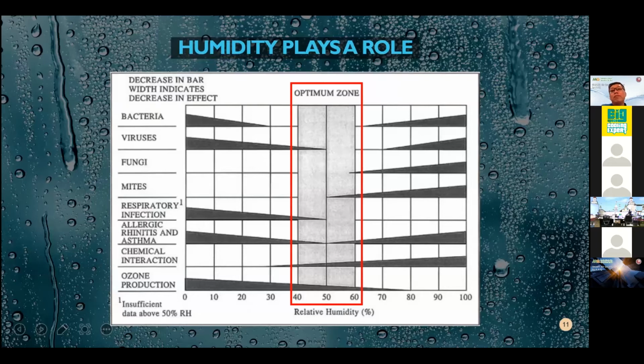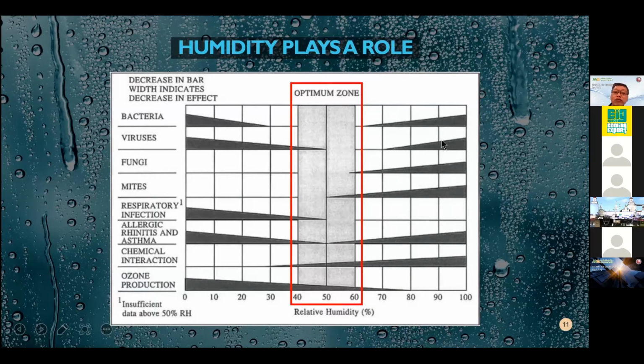Humidity plays an important role. Why does DOSH recommend a temperature of 23 to 26 and humidity of 40 to 70? Of course, our ACMV designed by our engineers and consultants normally has an optimum zone of 40 to 60% RH. Anything above that, you may have bacterial or microbial growth like fungus and mold.